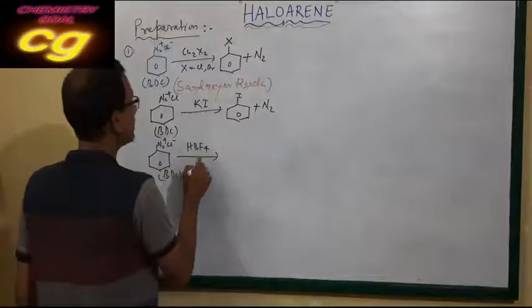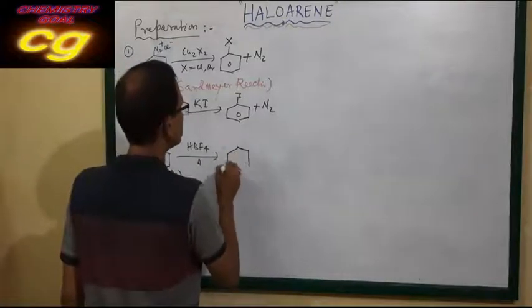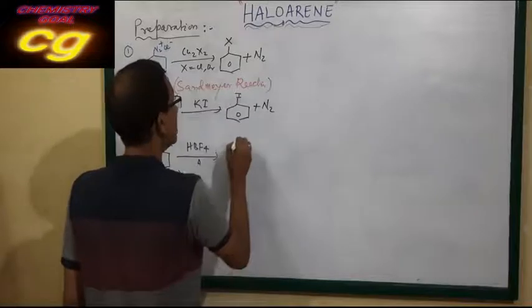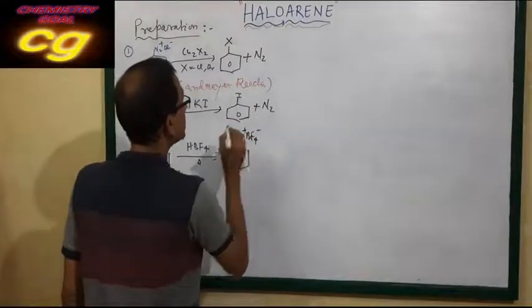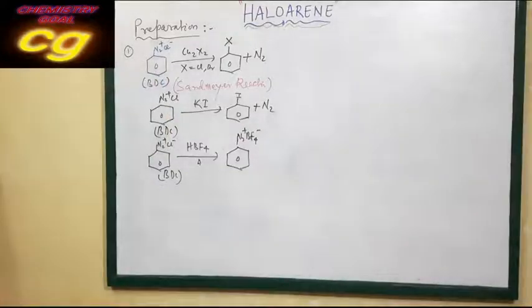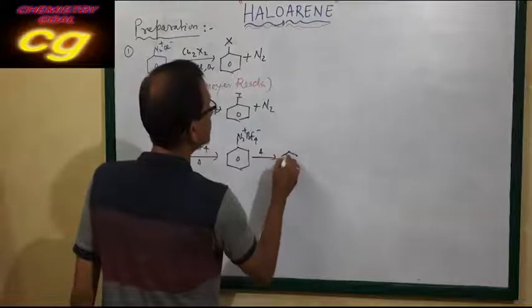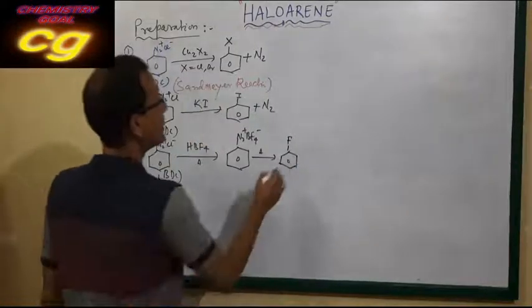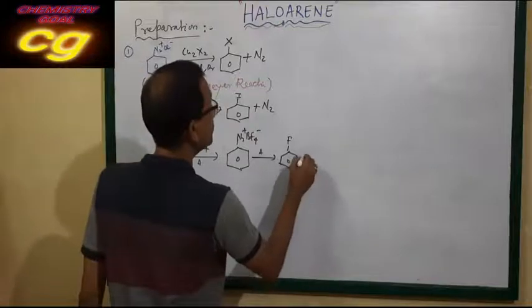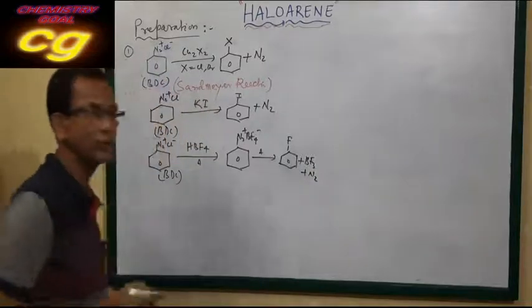It produces N2 plus BF4 minus. When it is heated, it will produce fluorobenzene, plus BF3 plus nitrogen. This is a side product.